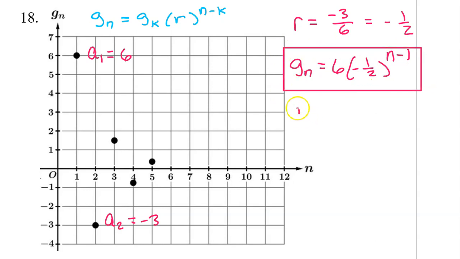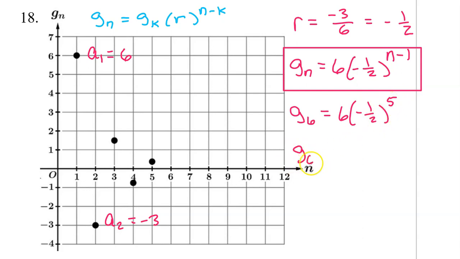Let's use it to find G6. So it would be 6 times negative 1/2 to the 6 minus 1 power. So that's the 5th power. 1 to the 5th power is 1. 2 to the 5th power is 32.